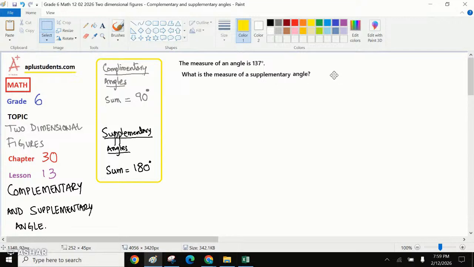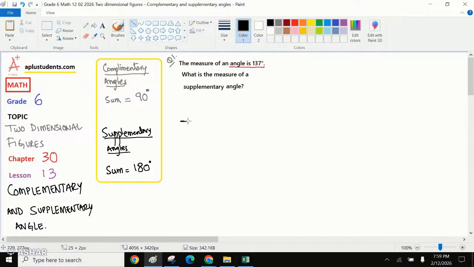We know that supplementary would always equal 180. Even if we forget that, the angle given is 137, which is greater than 90, so we cannot be doing a total of 90.